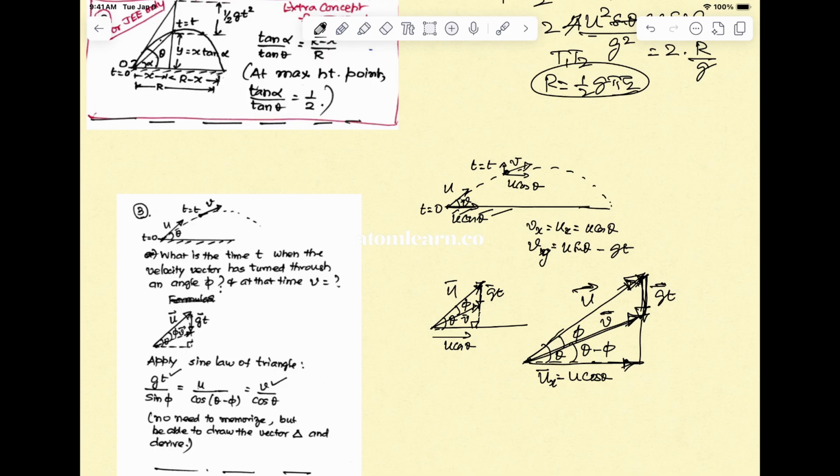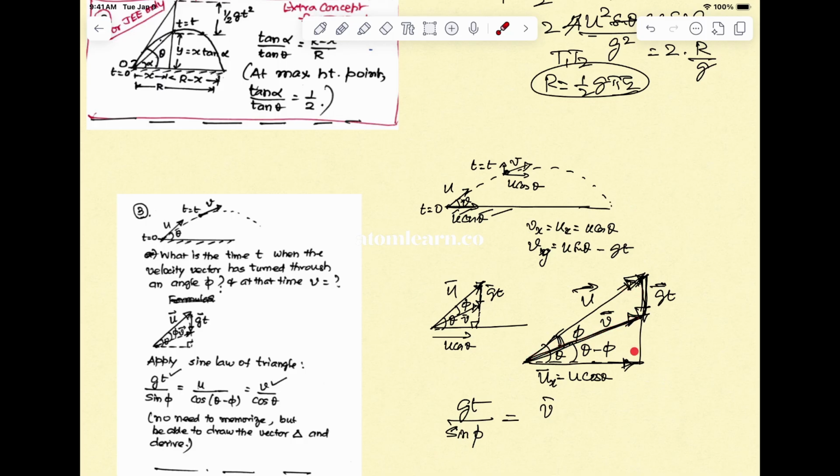We can write gt, this side, divided by the sine of the opposite angle, which is phi, equal to the v vector, this side of the triangle, divided by the sine of its opposite angle.